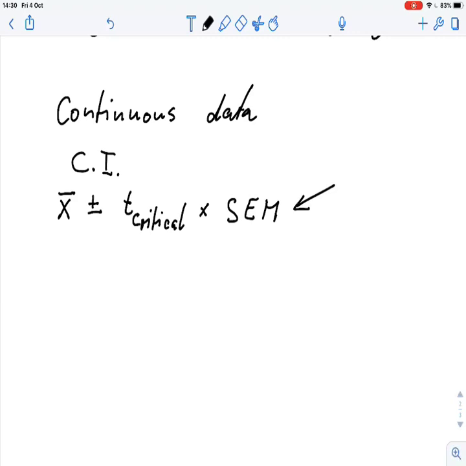It was S. What was S again? It was the sample standard deviation. Brilliant. Excellent. Sample standard deviation, divided by root n. Yep, S divided by the square root of the sample size n.